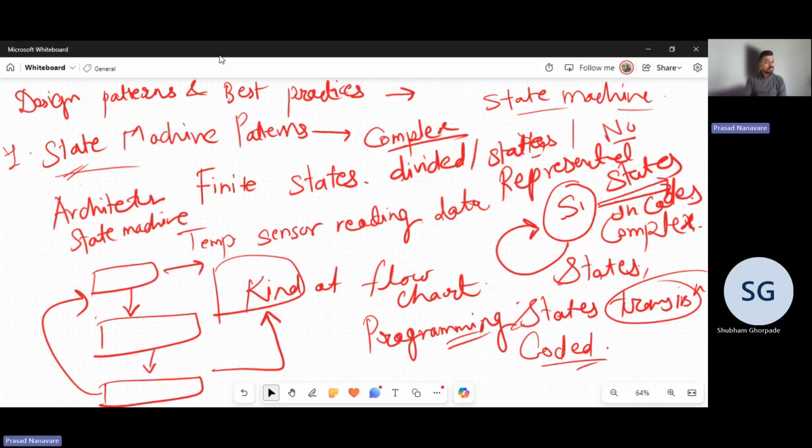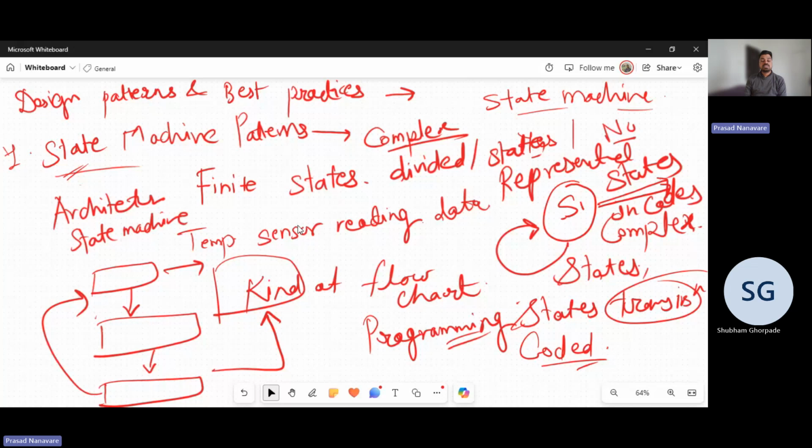Suppose a system is complex and has distinct operating modes like power on, standby mode, active mode, then at such places this can be used.